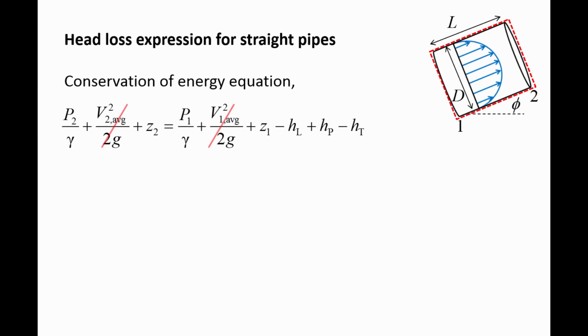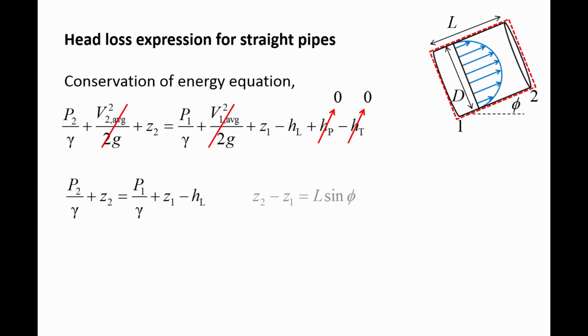The velocity at the inlet and outlet are the same, so the v squared over 2g terms cancel out. Additionally, the pump head and turbine head terms are 0 because there are no pumps or turbines in the control volume. We now have the pressure head plus elevation head at the outlet equals the pressure head plus the elevation head at the inlet minus the head loss.